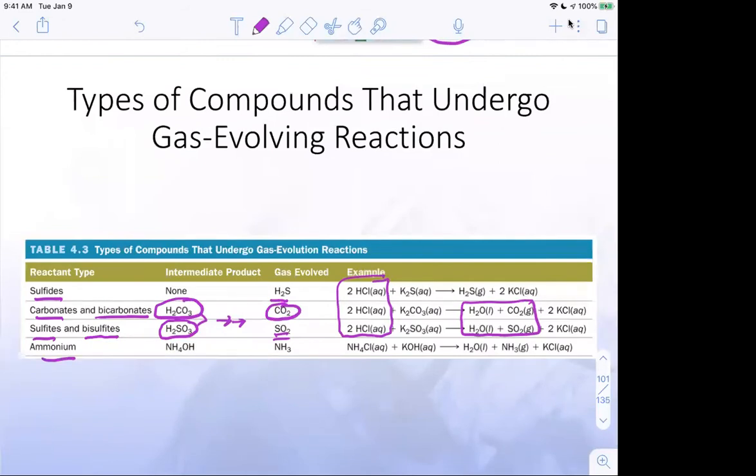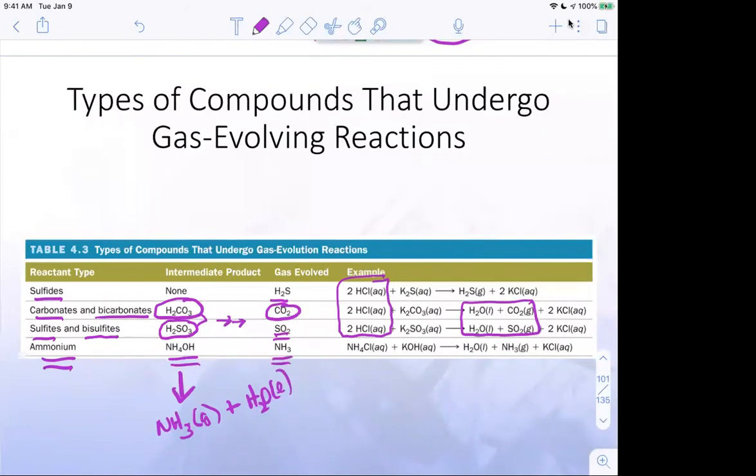Now, when I have ammonium, a lot of times I'll have an intermediate product of ammonium hydroxide, which again is going to give off ammonia gas plus liquid water.